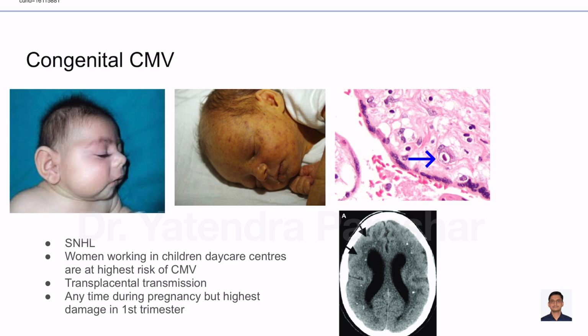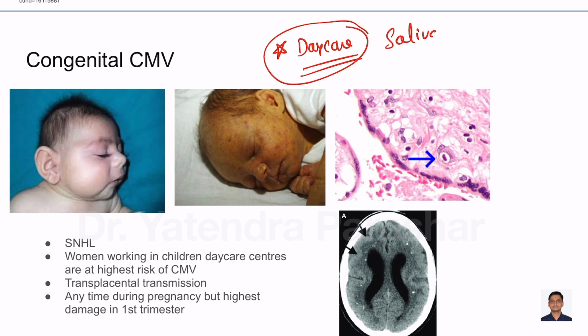Now come to congenital CMV infection. It is the most common congenital infection, especially after primary maternal CMV infection in early pregnancy. The major risk factor is exposure of the mother to young children, and mothers who work in daycare centers are at highest risk of getting infection from the saliva or urine of the children.